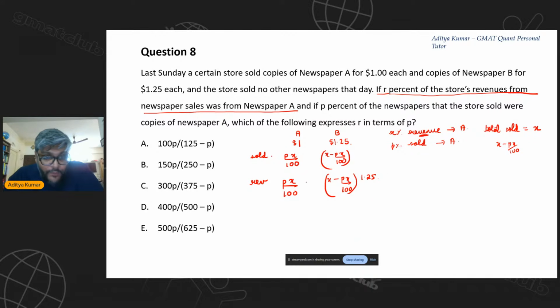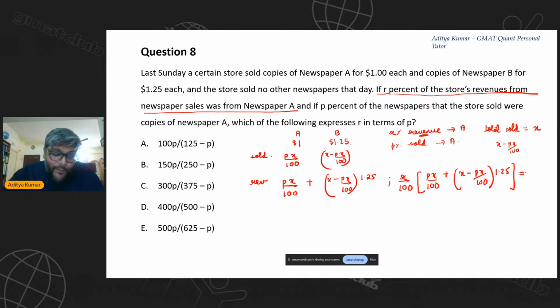The total revenue should be this plus this. And they are saying R percent of this, that is R by 100 of Px by 100 plus X minus Px by 100 into 1.25. R percent of this is the revenue for newspaper A. So R percent of the total revenue should be the revenue for A, which is Px by 100.